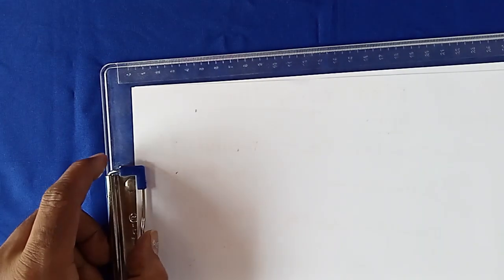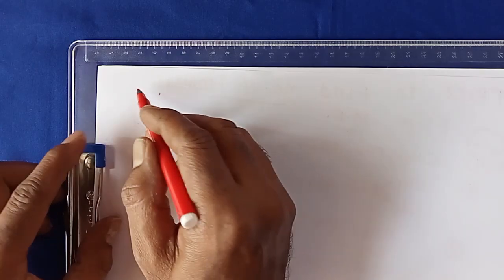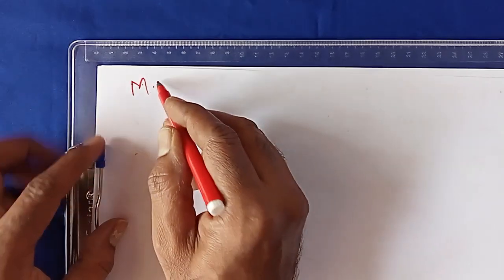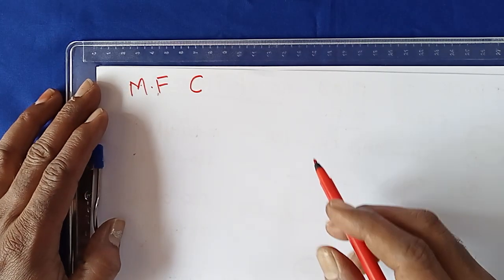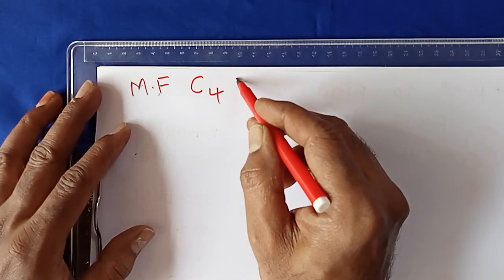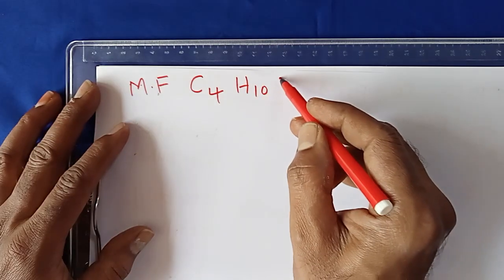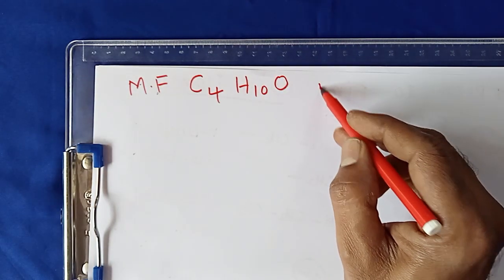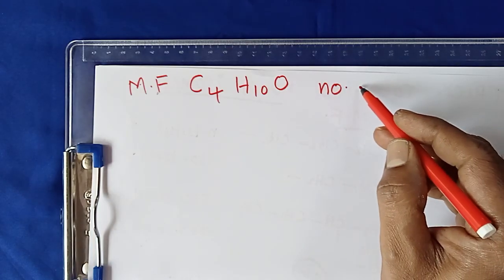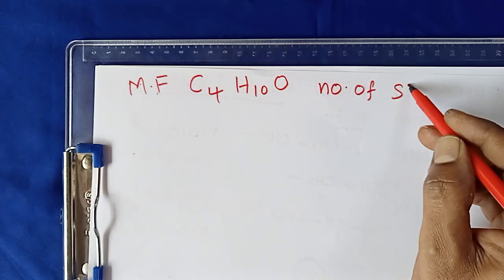Now we enter into the examples. First example, very most important, molecular formula given: C4H10O. For this one, number of isomers, generally structural isomers.